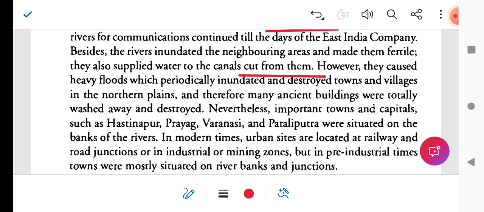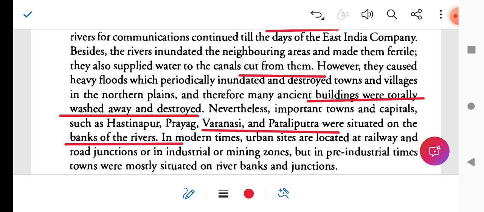However, they caused heavy floods which periodically inundated and destroyed towns and villages in the northern plains, and therefore many ancient buildings were totally washed away and destroyed. Nevertheless, important towns and capitals such as Hastinapur, Prayag, Varanasi, and Patliputra were situated on the banks of the rivers.